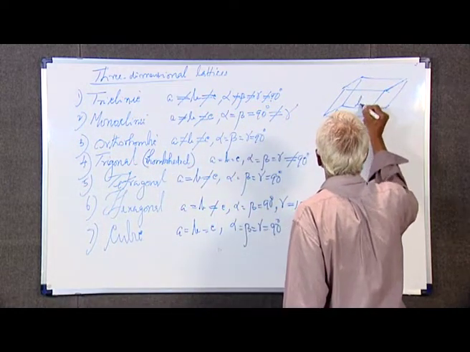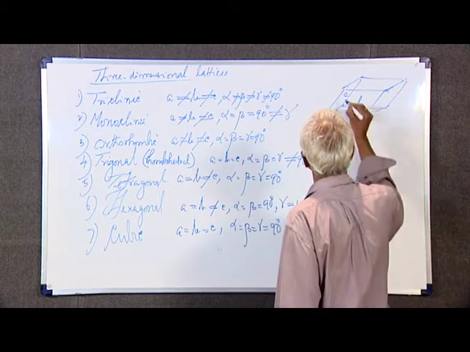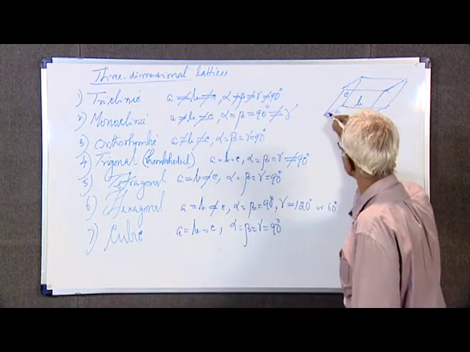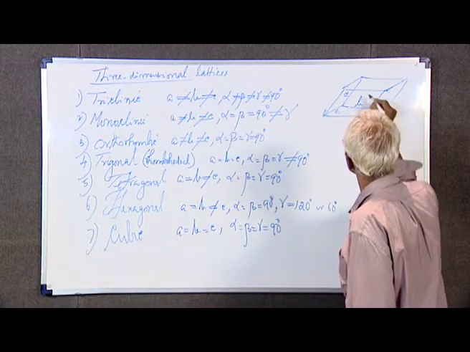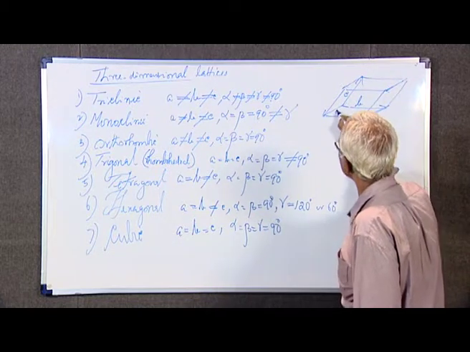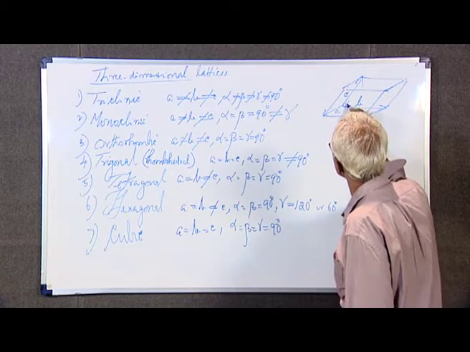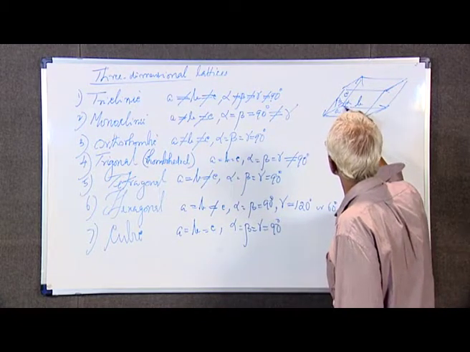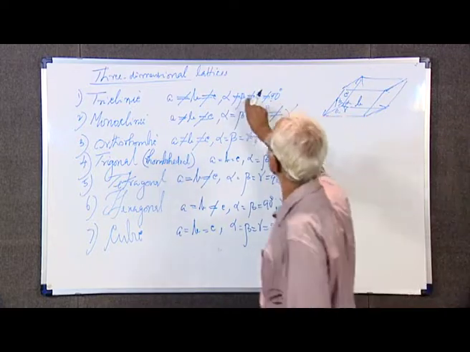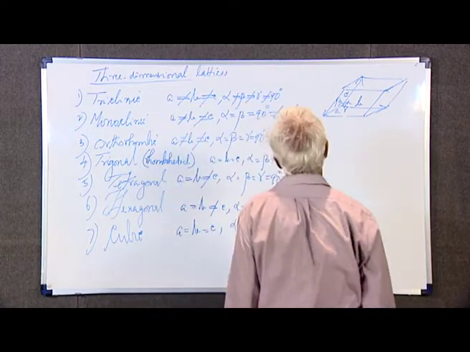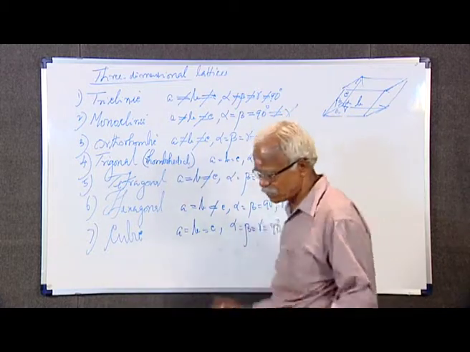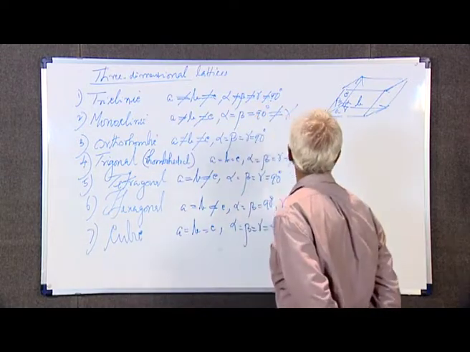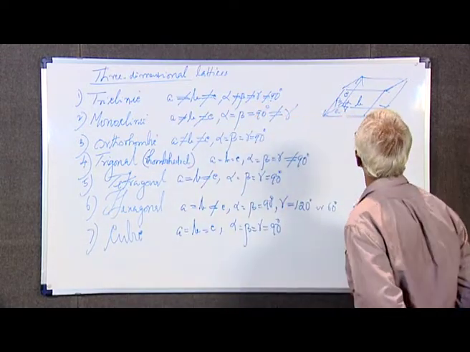I will write here A, B, C. A different from B, different from C. And the angle opposite to A is alpha, that opposite to B is beta, and that opposite to C is gamma. Alpha not equal to beta, not equal to gamma, not equal to 90. This is the most general 3-dimensional repeating unit in 3-dimensional space.